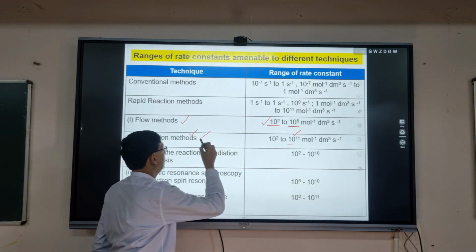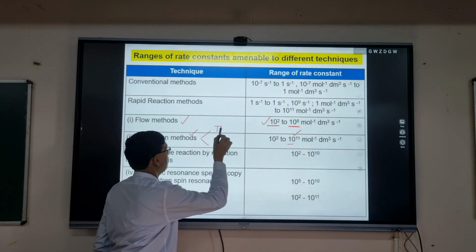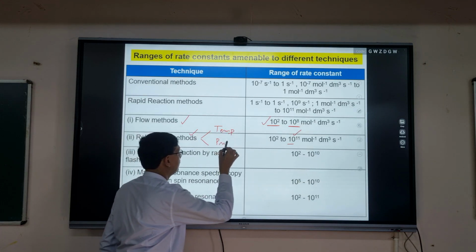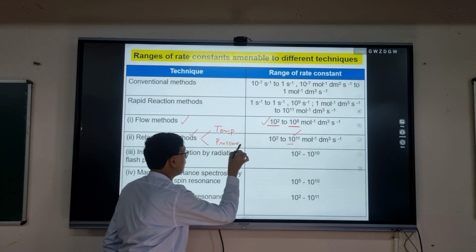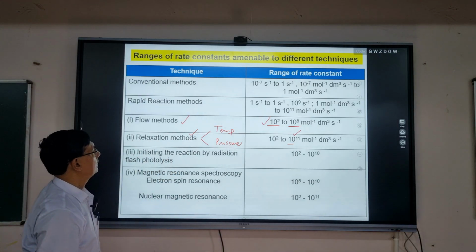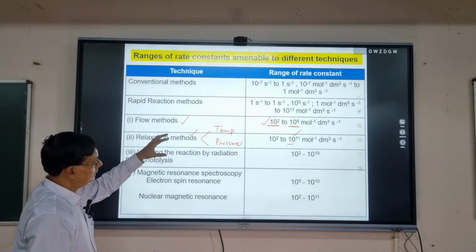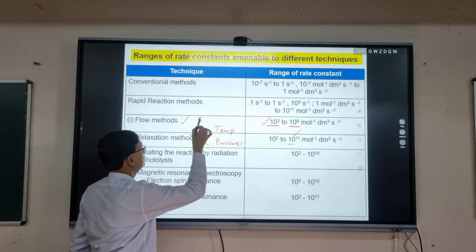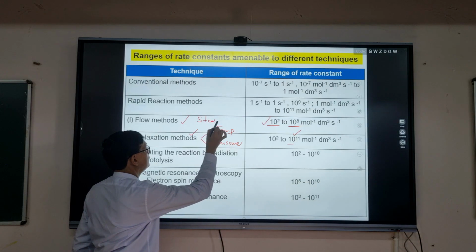And there are two things, as I told you, one is temperature jump, another is the pressure jump. So sometimes it is a perturbation type of thing. And in the flow method, you must remember that there must be some steady state kinetics.